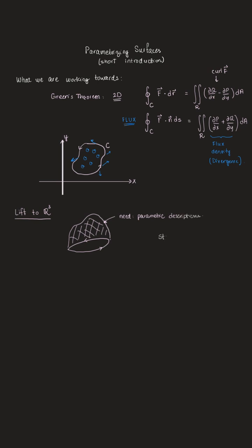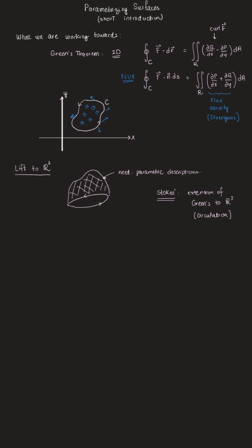So Stokes will be the extension of Green's theorem to R3, but only for circulation. We will be able to find a line integral of a circulation integral over a curve by evaluating what goes on over the surface, the curl on the surface.